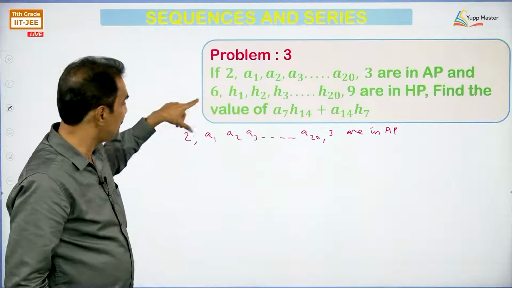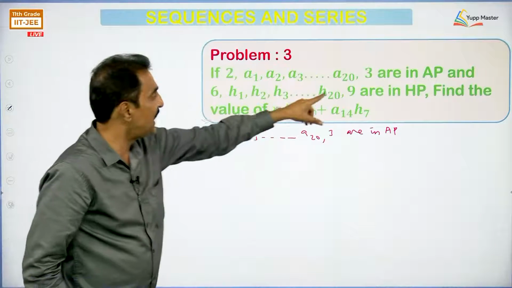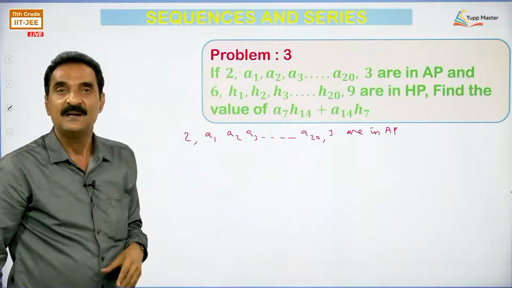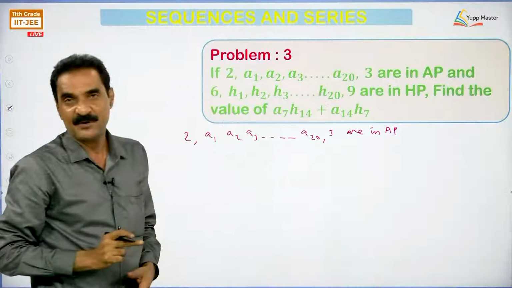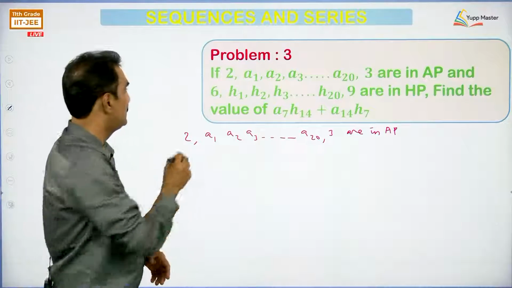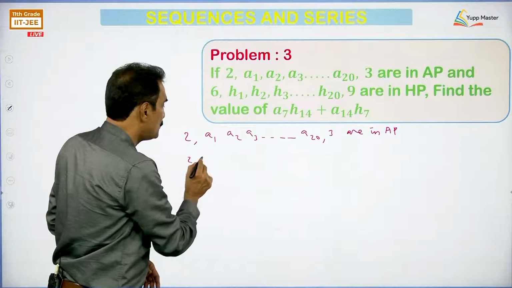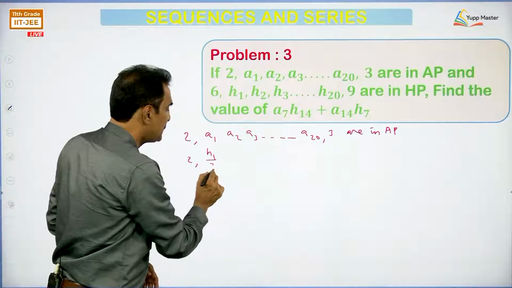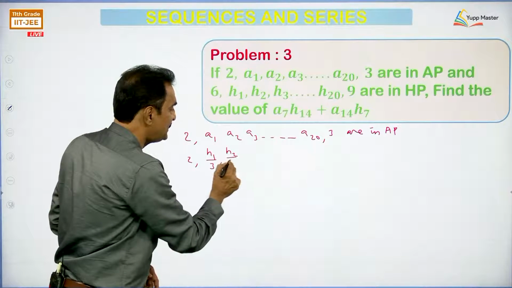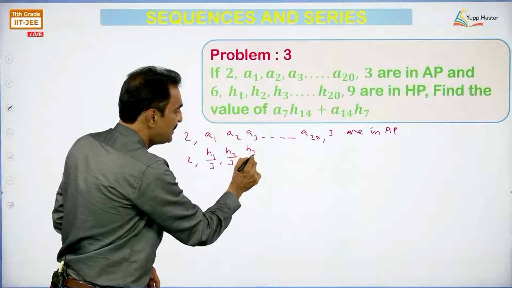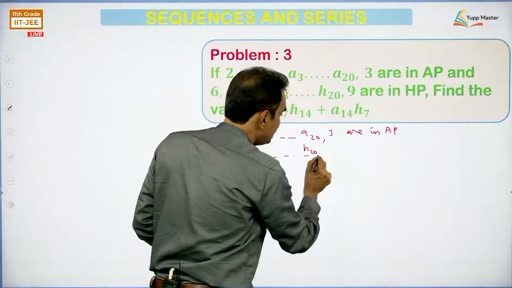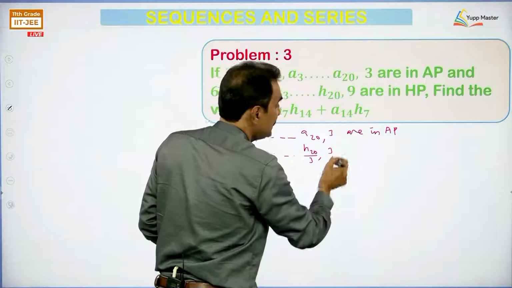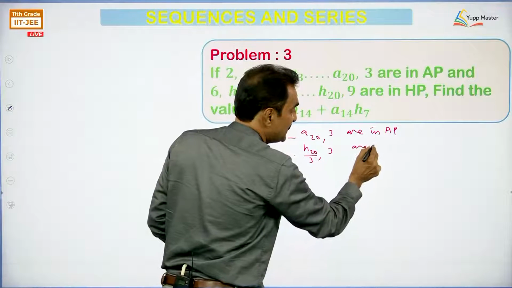But observe that 6 is 3 times 2, 9 is 3 times 3. So, you divide these terms of HP by 3. Then the first number becomes 2, second number becomes H1/3, third number H2/3, H3/3 and so on, H20/3, 9/3, that is 3, are in HP.